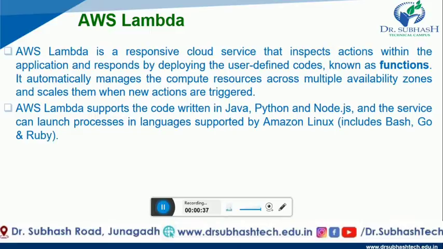AWS Lambda is a responsive cloud service that inspects actions within the application and responds by deploying user-defined code known as functions. It automatically manages the compute resources across multiple availability zones and scales them when new actions are triggered.